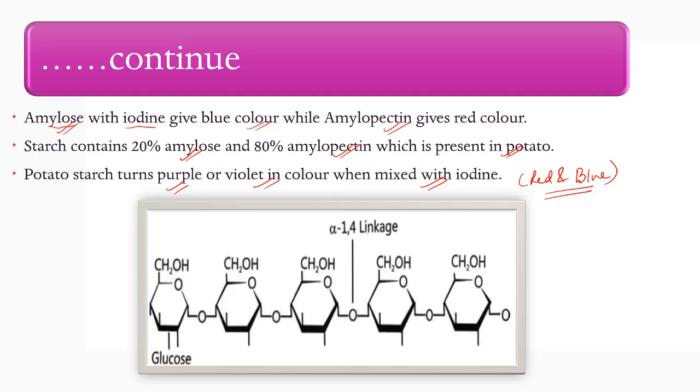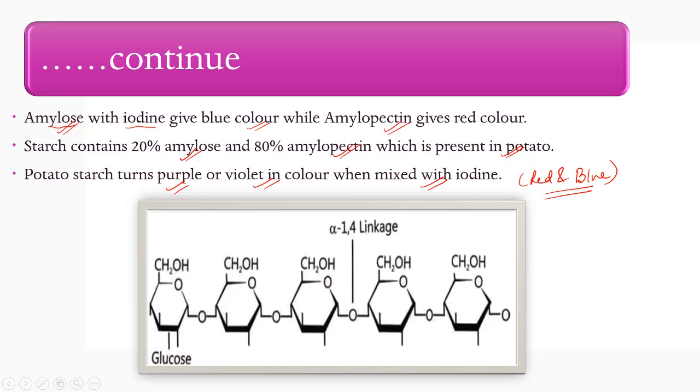Potato starch turns purple or violet in color when mixed with iodine because of the intermixing of red and blue color. Understood? So this is about the polysaccharides, like starch and cellulose.